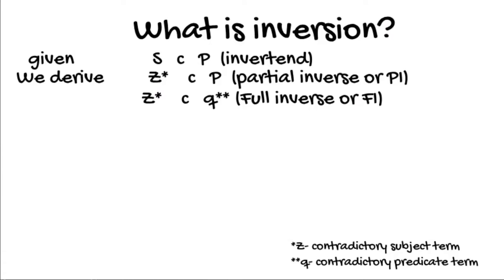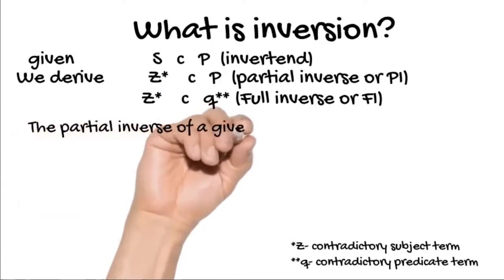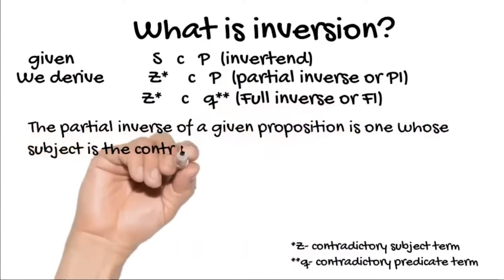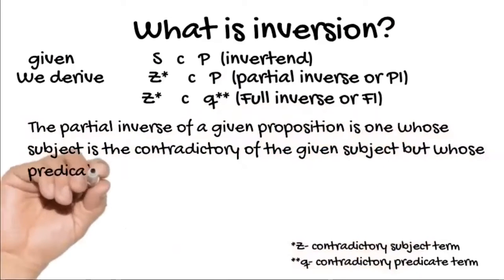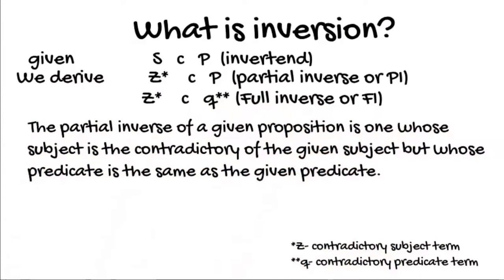So what is inversion all about? The partial inverse of a given proposition is one whose subject is the contradictory of the given subject, but whose predicate is the same as the given predicate. So as you can see in the partial inverse, the subject term of the given proposition is contradicted, while the predicate term is retained.